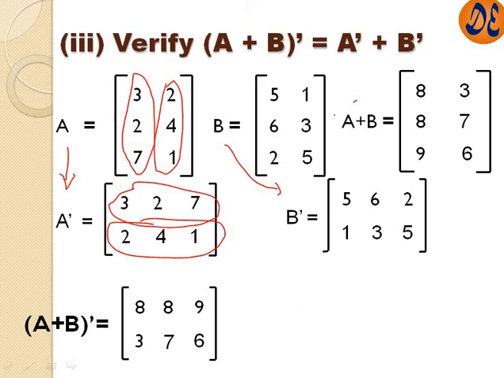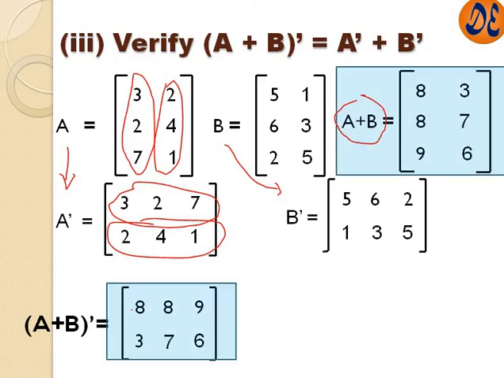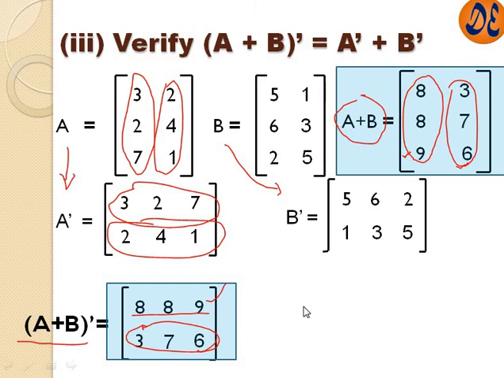Now we have got A plus B, and if we transpose it, this column is obtained by converting this column into a row. Similarly, first column becomes first row, second column becomes second row. So we have transposed the matrix A plus B. This is the transpose of the sum of two matrices.